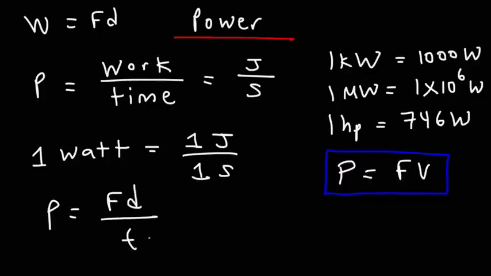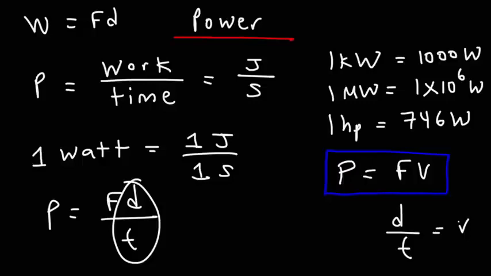And time is just t. Now, displacement over time, that's equal to velocity. So we can replace d over t with v. So we get power is force times velocity. So that's another way in which you can calculate the power being exerted.